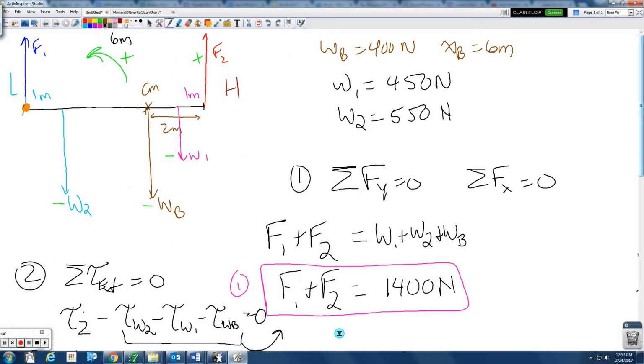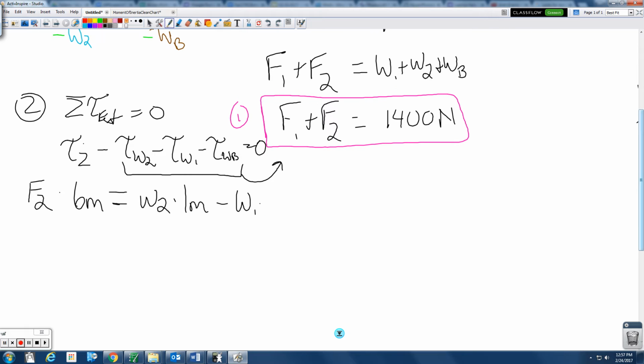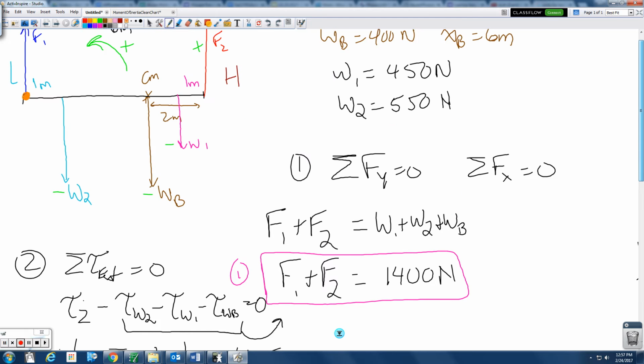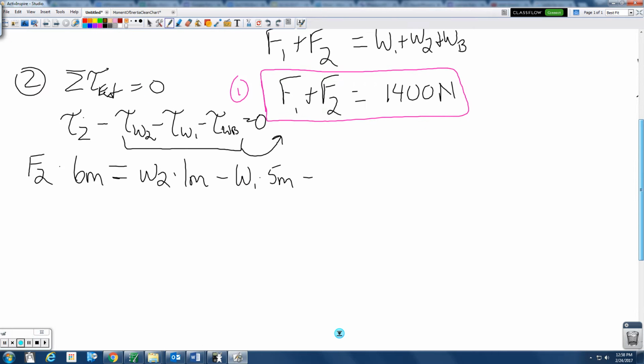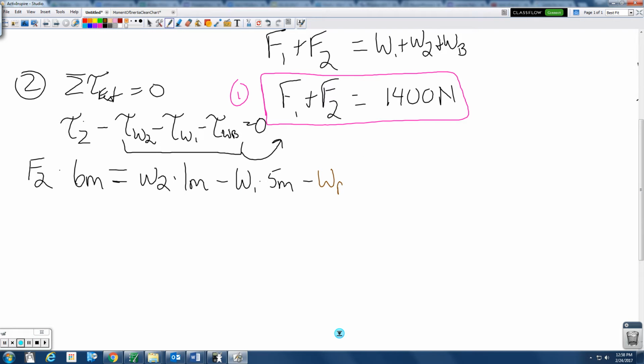It is 5 meters away from my orange dot, so that's times 5 meters. Plus the torque produced by the weight of the bar, which is right here, 4 meters, so it adds up to 6 total. So that's the weight of the bar times 4 meters.